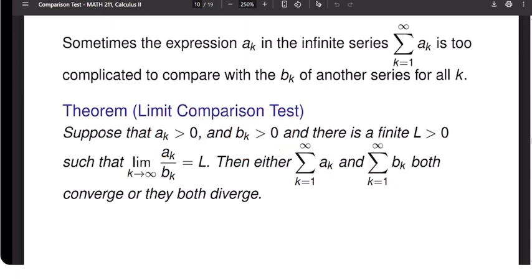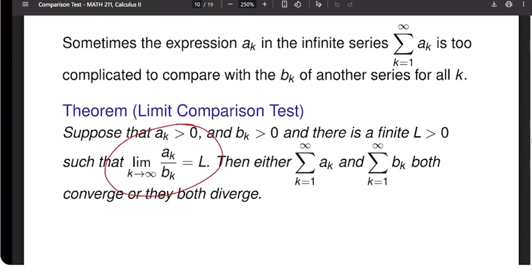Please pay attention. Take a look at this. I find the ratio of the original sequence given and the one that I identify that is similar to the original one. Then I find the limit.